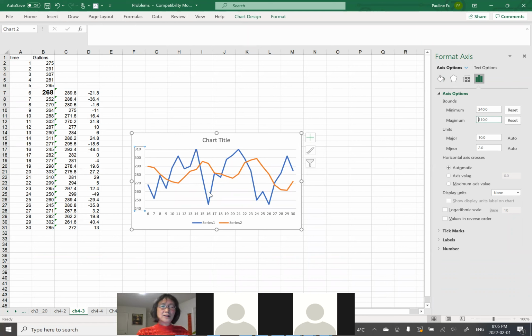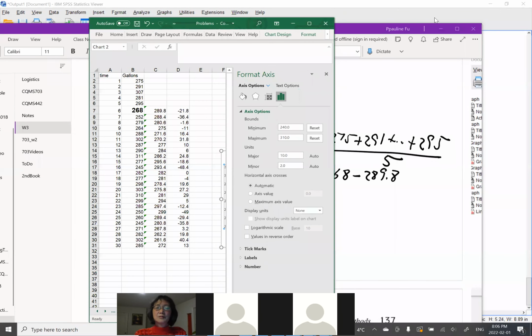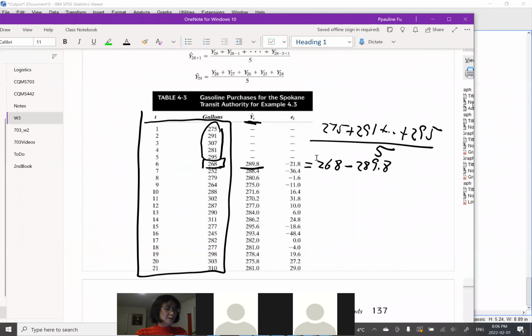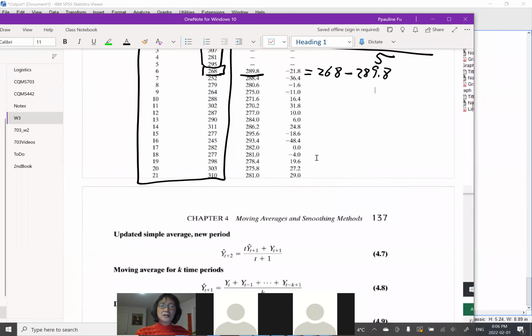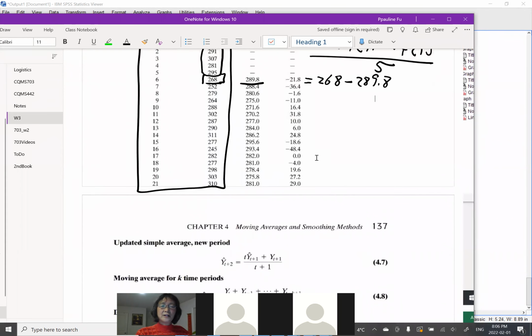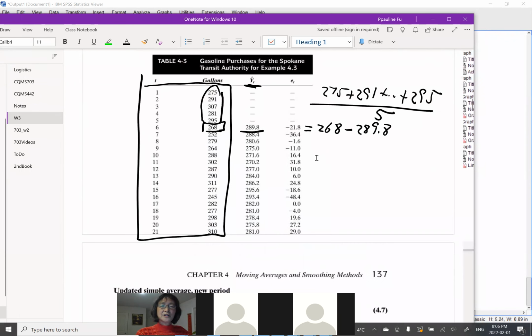All right. Any questions? Okay, so we did example 4.3, moving average. Actually, Excel has a moving average function.